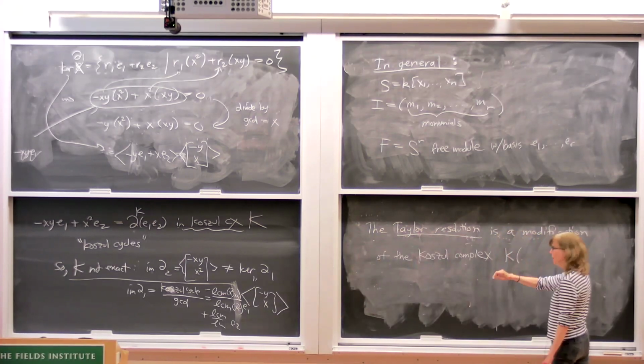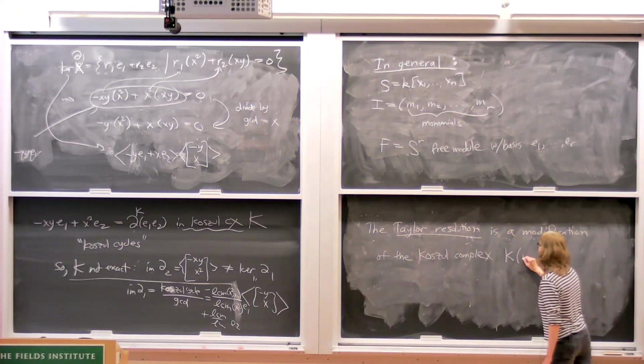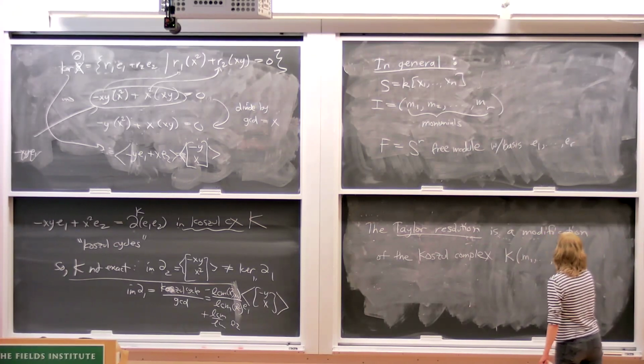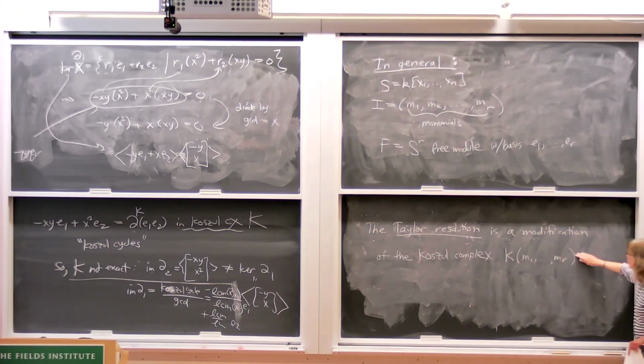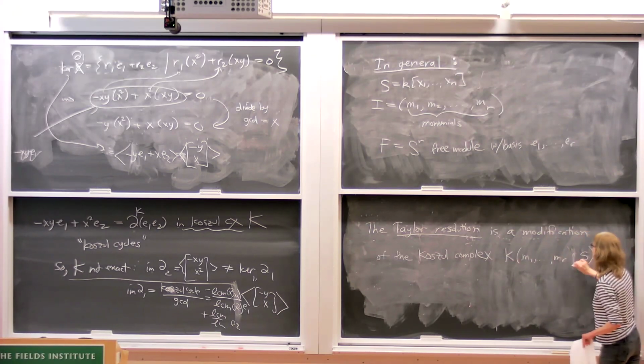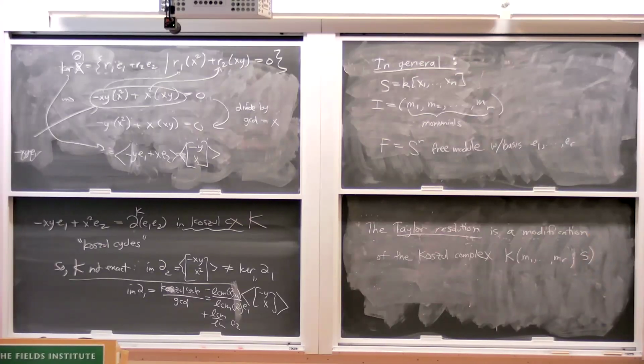We would have written this in the problem set as some list of elements. I just had like f and g, but you could put more elements, M1 and so on. So the Koszul complex on these monomials, and I guess it's on the ring S. It's a semicolon. Okay, so it's the Koszul complex on these monomials, but we're going to change it.